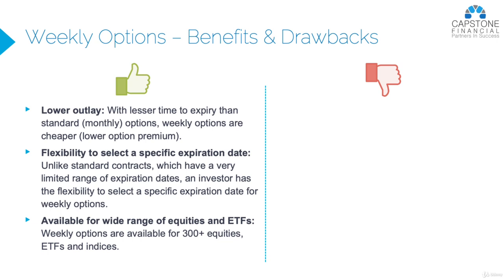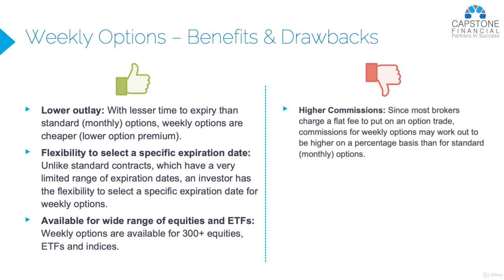Let's talk about some of the drawbacks. There are going to be higher commissions, not because of a different price point, but because of the amount of trading that tends to happen when you buy weekly options. Weekly options will allow you to get into something, a current strike price that is $10 above the actual market price.